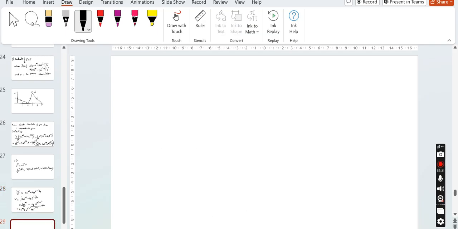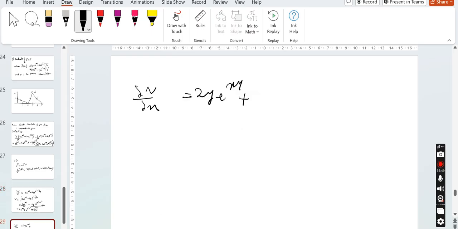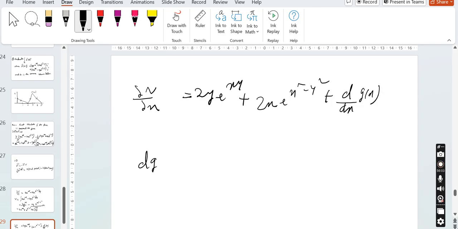Then we will obtain del v del x, which will be 2y e to the power xy plus, and c will be the function of x, 2x e to the power x square minus y square plus g'x. So dg by dx, comparing it with our dv dx, it is zero.